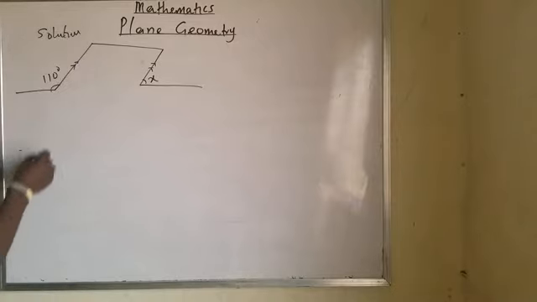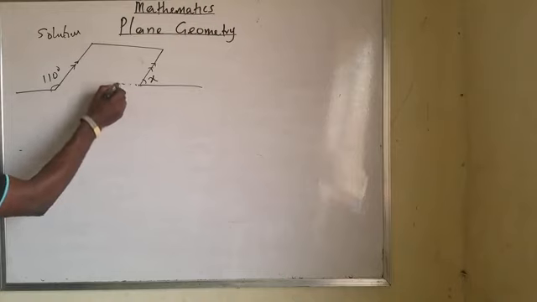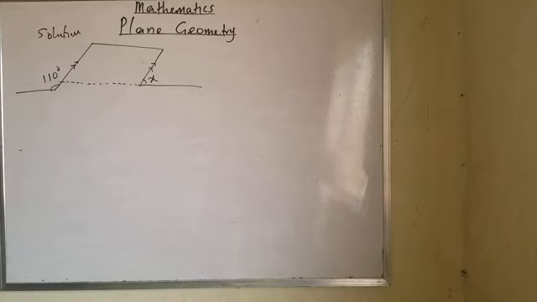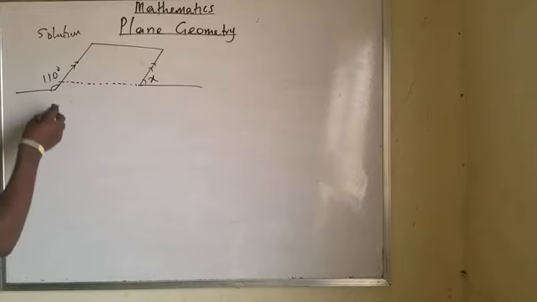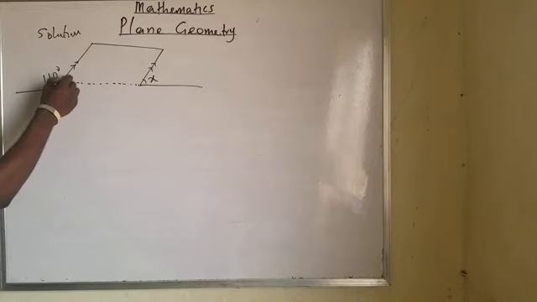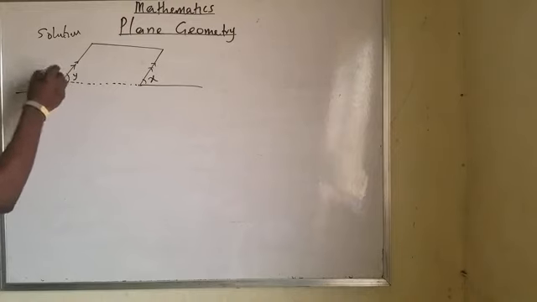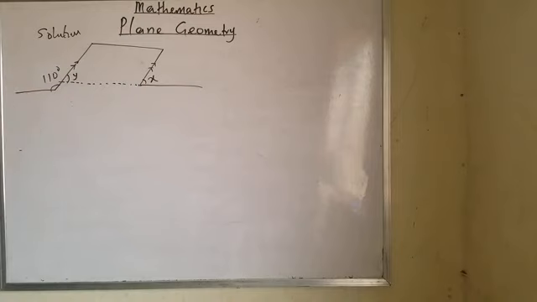Now, the first thing I will do is draw this line here. Please take note of that. Since I draw that line there, I can call this place Y. Let this line go down very well.